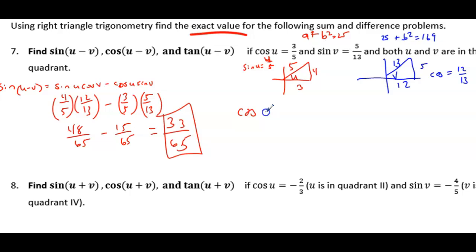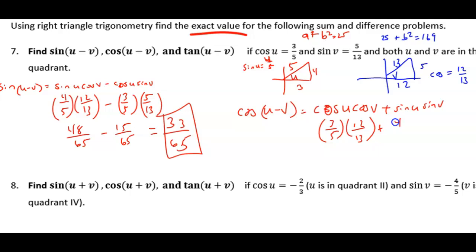Cosine of u minus v. Remember that's cosine of u, cosine of v, plus sine of u, sine of v. So cosine of u is 3 over 5. Cosine of v is 12 over 13.